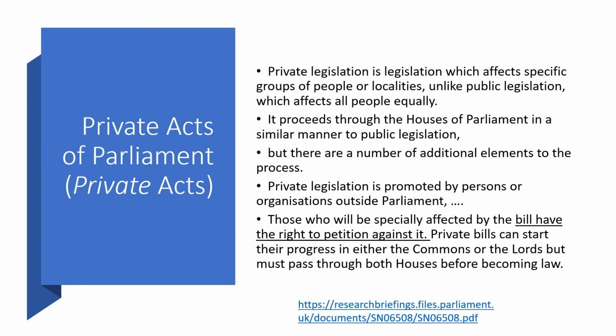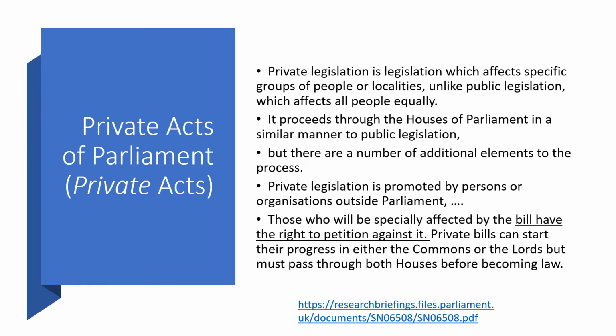We've talked about primary legislation, we've talked about delegated legislation, but we haven't talked about private acts of Parliament. These are primary legislation, but they may devolve power to local institutions, such as allowing for bylaws and things like that. So they still have to go through the legislation process fully, starting off in either the Commons or the House of Lords.